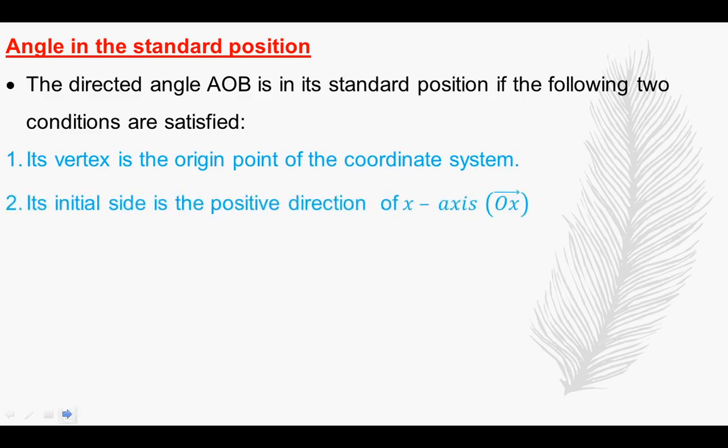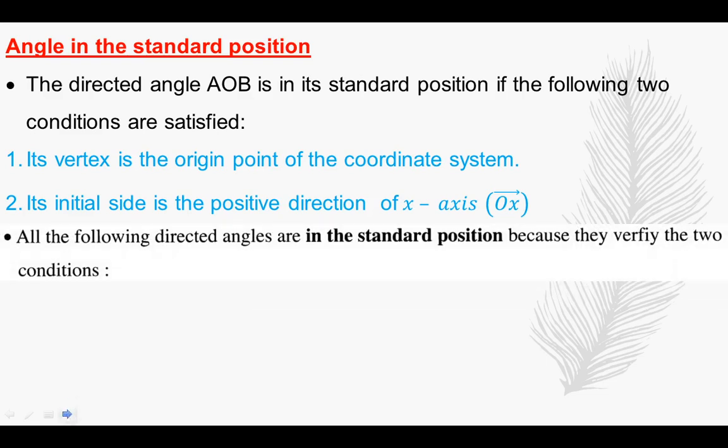And the second condition, its initial side is the positive direction of the x-axis, which means the OX ray. So, the angle in the standard position must satisfy two conditions. The first one, its vertex is the origin. The second one, its initial side is the positive direction of the x-axis.